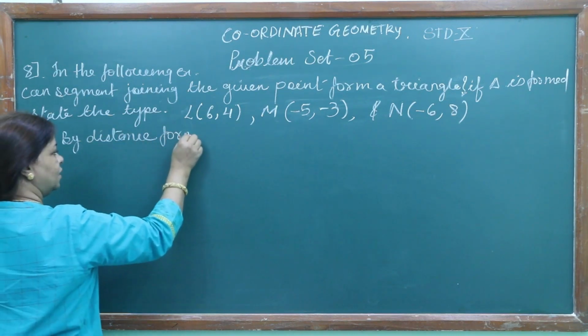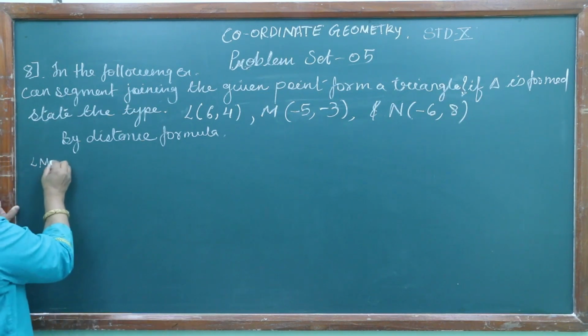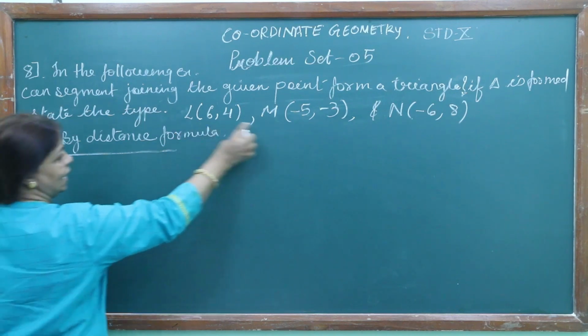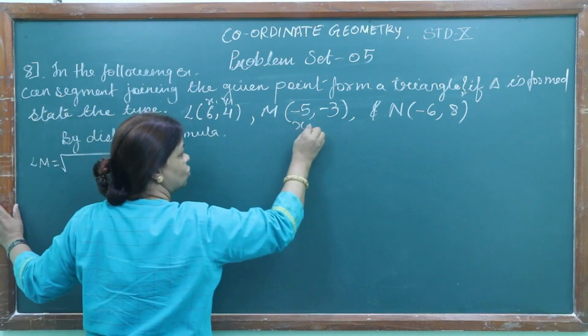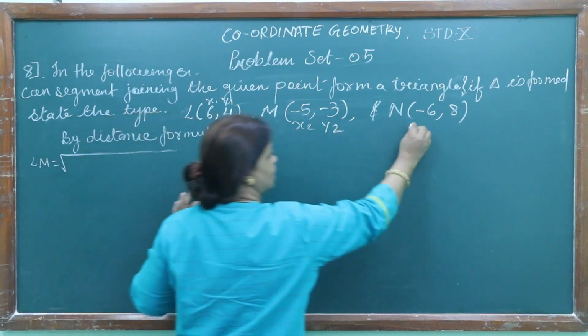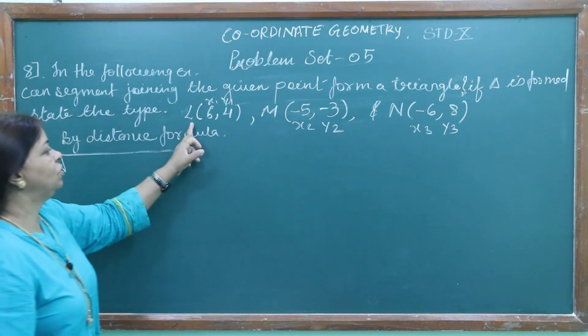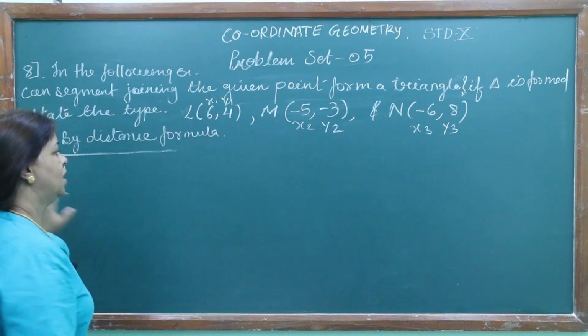So by distance formula, LM is equal to... L and M. This is x1, y1, this is x2, y2, and this is x3, y3. So now when I want to find out the distance between L and M, I have to consider these points.